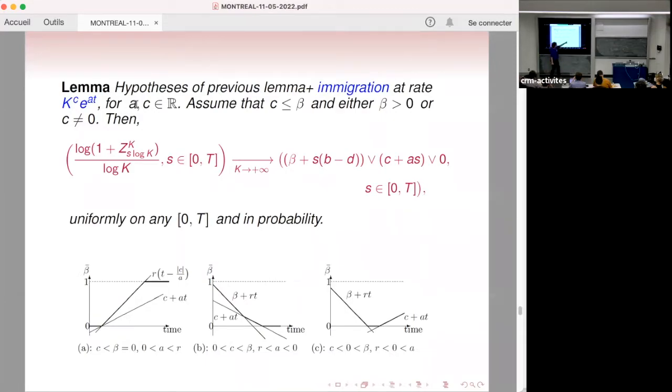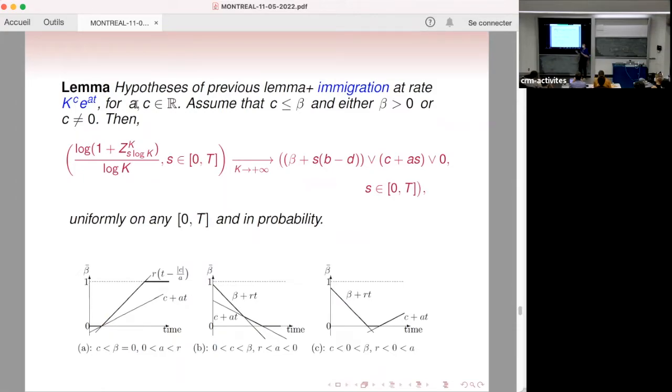And in this one, you see that you have this decreasing fitness, since r here, the growth rate, is negative. You could think that you will go to extinction, but due to the immigration, you can have a sort of re-emergence, and then the exponent will be driven by the immigration quantity.